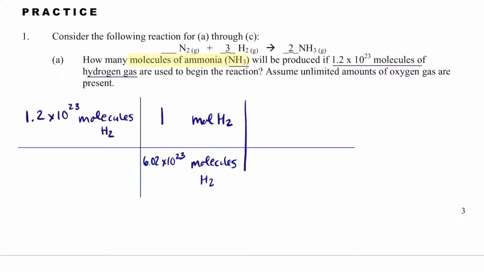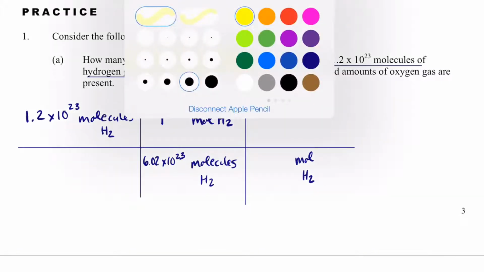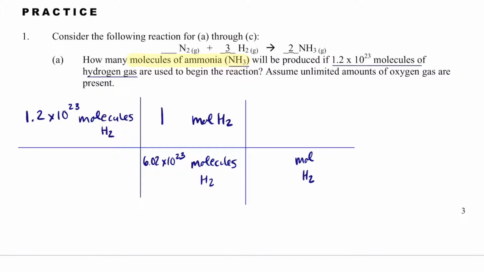So now I'm at moles of H2. And then to get moles of H2 to cancel, I'm going to put that down here. And I'm at the mole bridge step, okay? What the mole bridge step does is it allows me to convert between hydrogen all the way to ammonia.